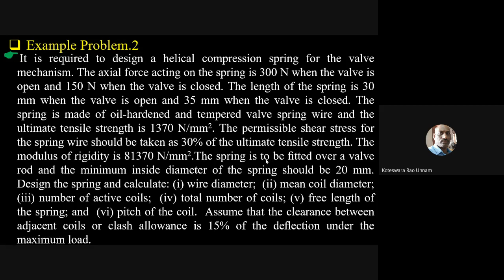That means if the inside diameter of the valve spring is less than 20, it is not allowed here. Then how can we impose this condition in our design so that you can find out the wire diameter? We'll see all these things now.